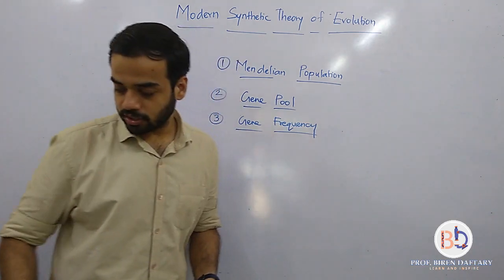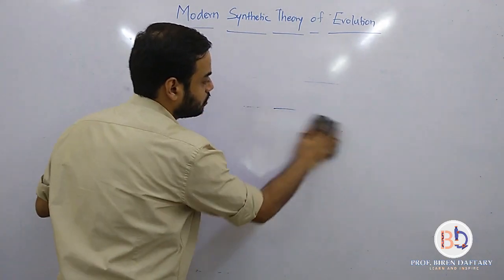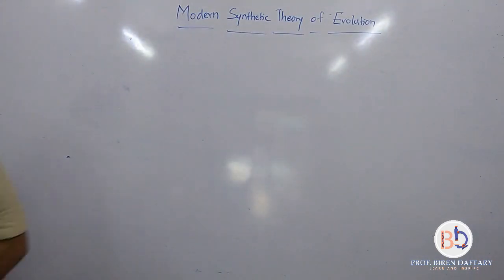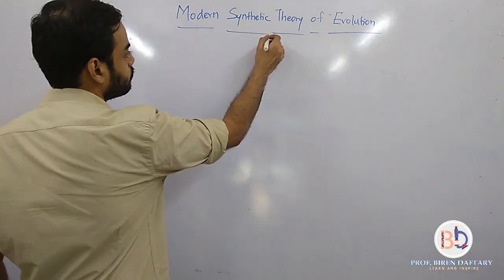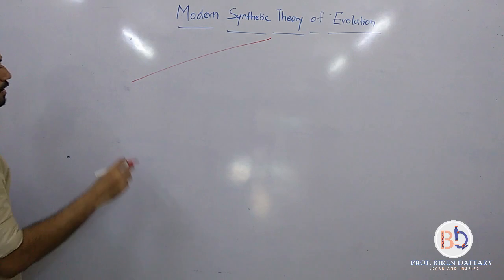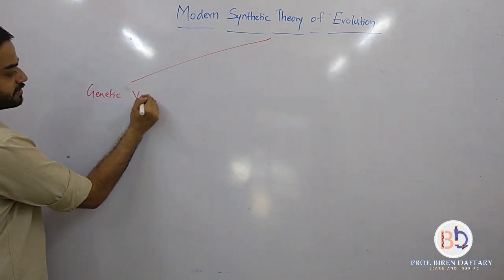Is that clear? Okay. So now let us start with the modern synthetic theory. Under it, there are three important parts which you have to learn. The first part that we will be covering right now is genetic variation.